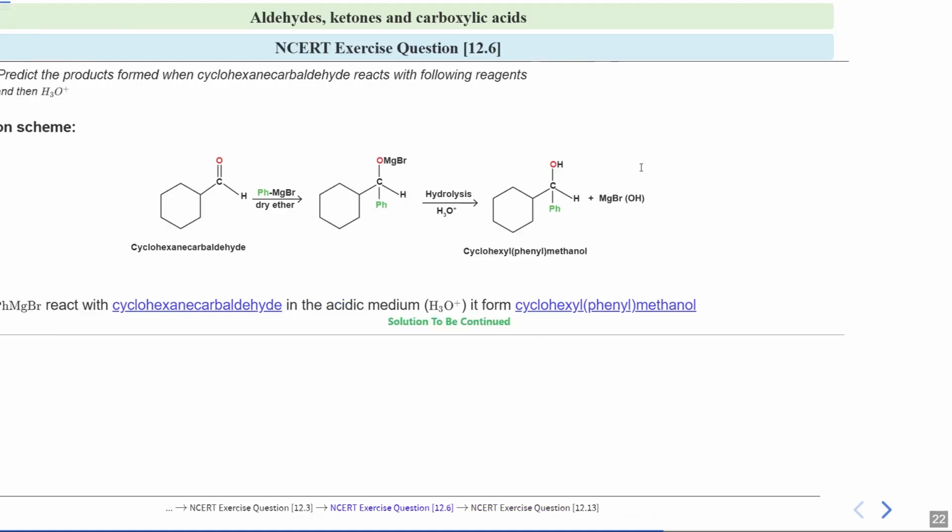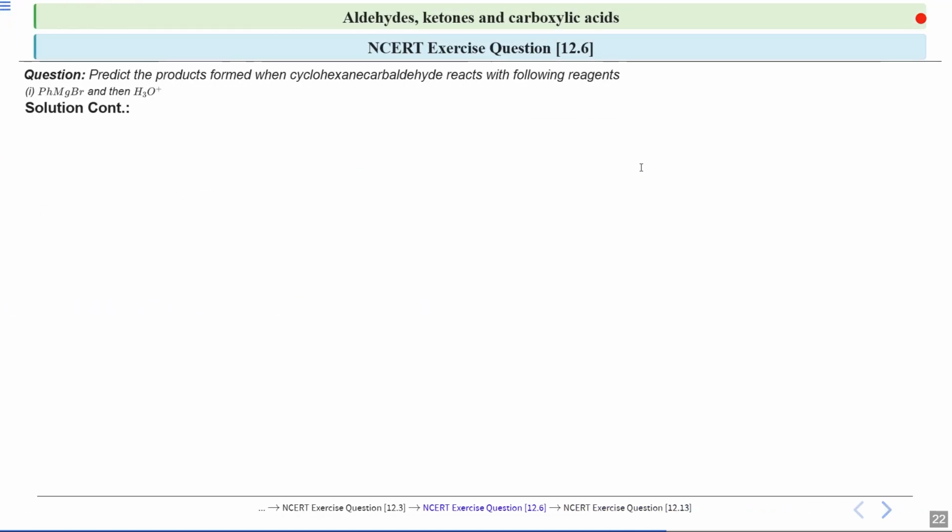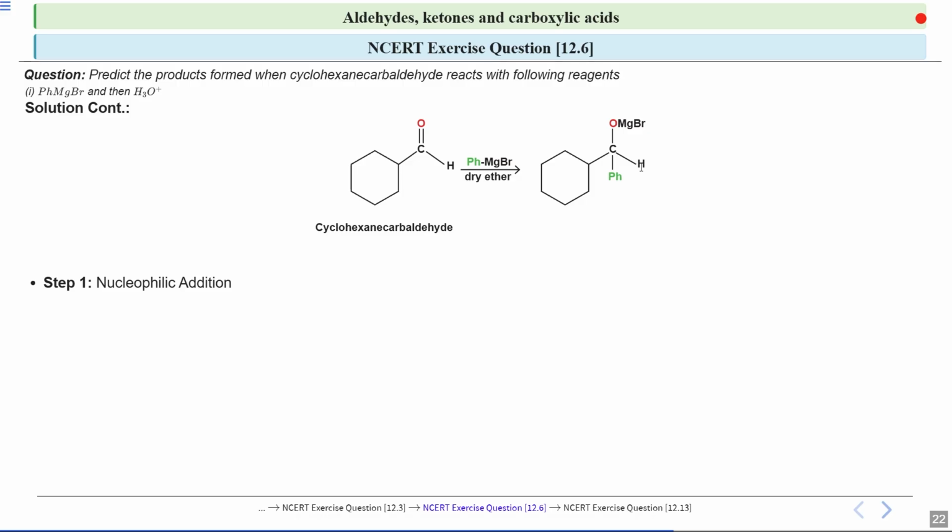So we will now see the mechanism of how this reaction happens. In the first step, there is nucleophilic addition. That means a nucleophile, which is an electron-rich species, will attack an electrophile, which is an electron-deficient species.